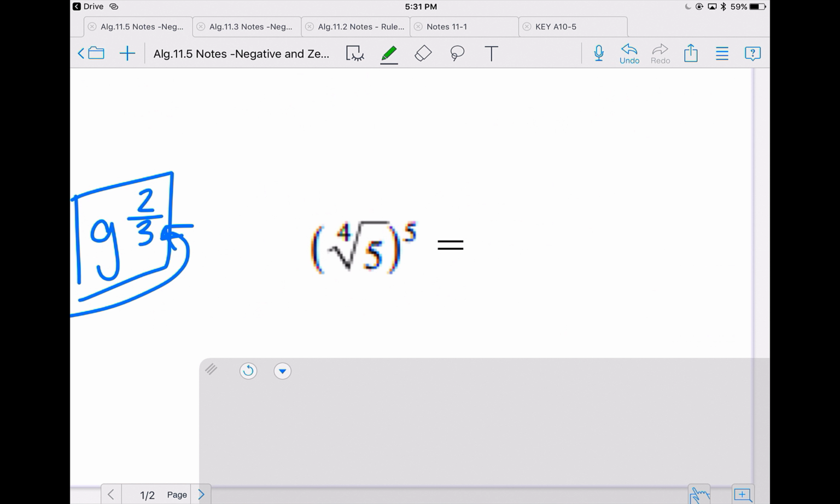Now this one's a little tricky. For this one, 5 is on the inside, the 4 is on the inside, so that comes up and becomes 1/4, and then this whole thing is being raised to the 5th power. That one's kind of ugly, so just be careful with that.